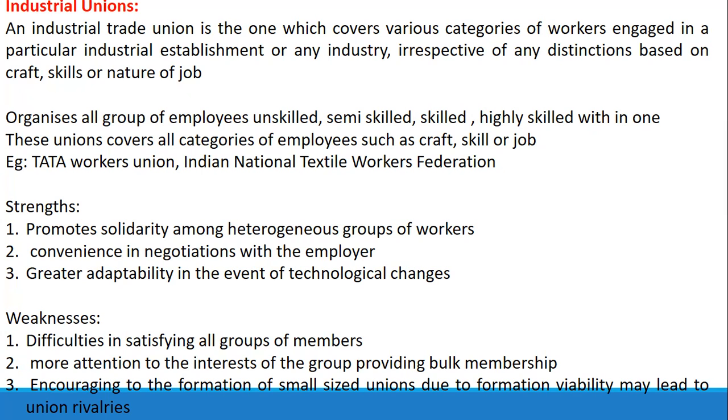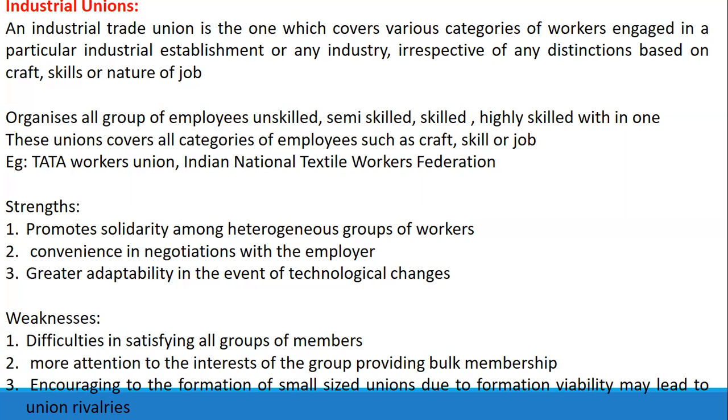One example for industrial union is Tata Workers Union. Irrespective of the type of job or skill, all the workers in the different industries of Tata formed a group called Tata Workers Union. Second is the Indian National Textile Workers Federation. So these two are examples for industrial unions.